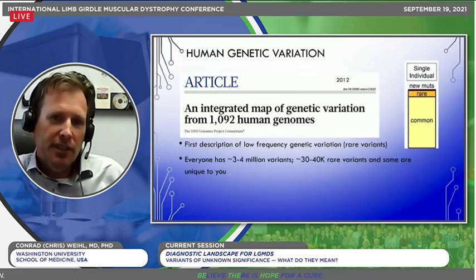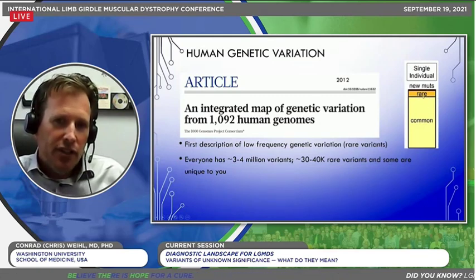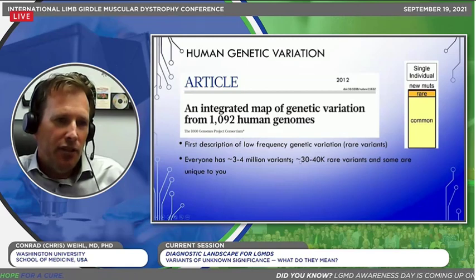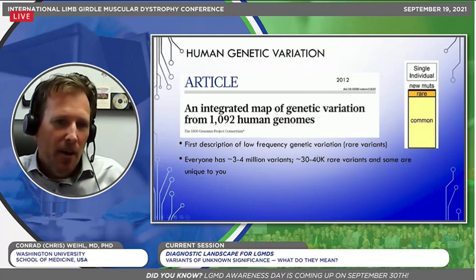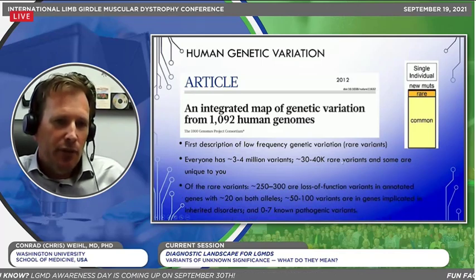And what became interesting is that for a single individual, there are many common variants, but there's a small fraction of rare variants, and there are even new mutations or new variants in everybody. And so the way I think about this is that everyone has 3 to 4 million variations. These may be common, but 30 to 40,000 are rare, and some of them are unique to you. And that's not just patients with limb-girdle muscular dystrophy.